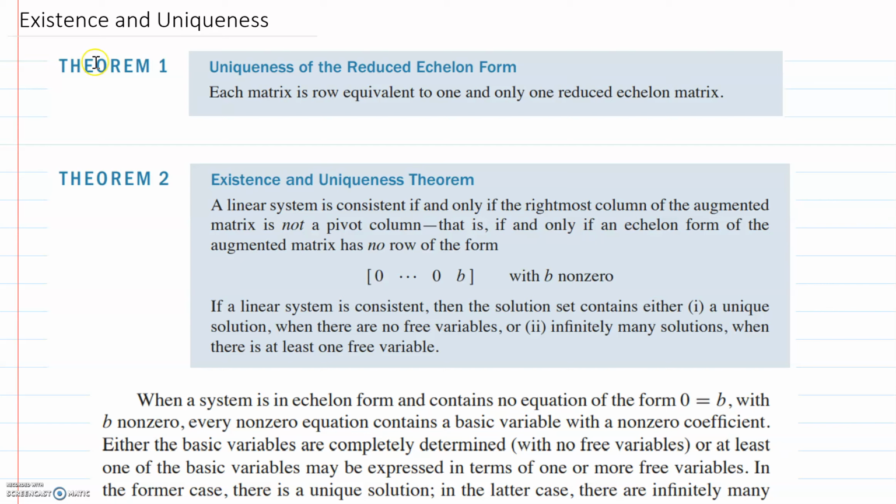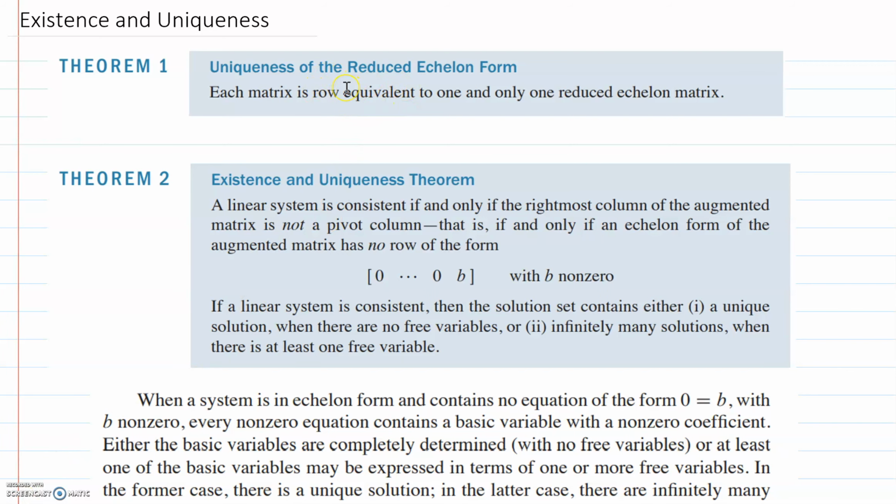The first theorem in this section talks about uniqueness of reduced echelon form. It turns out that each matrix is row equivalent to one and only one reduced echelon matrix.